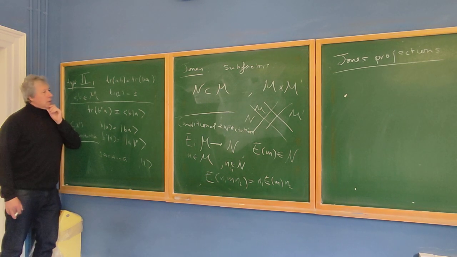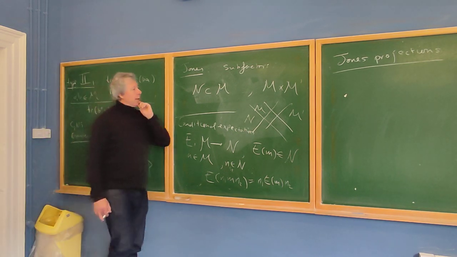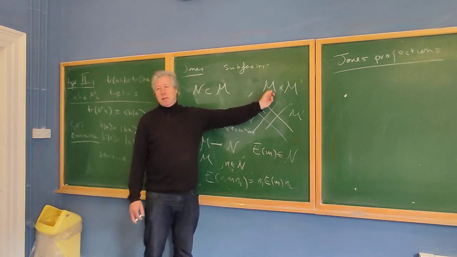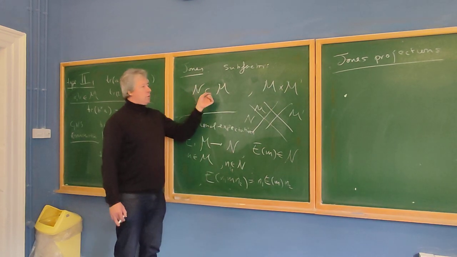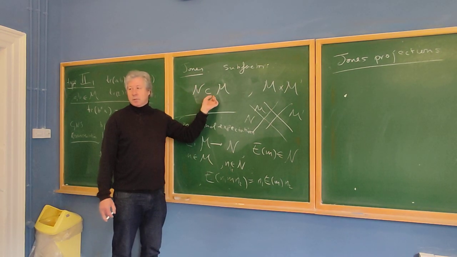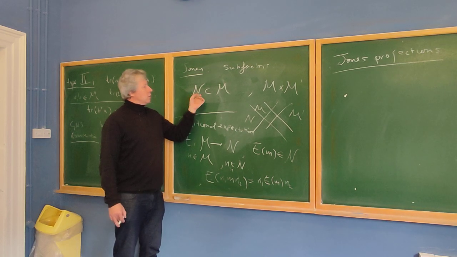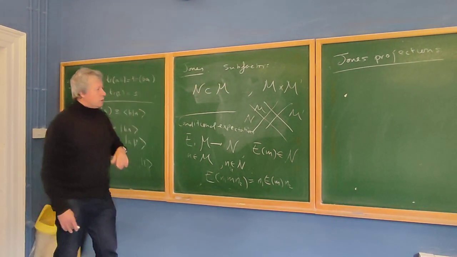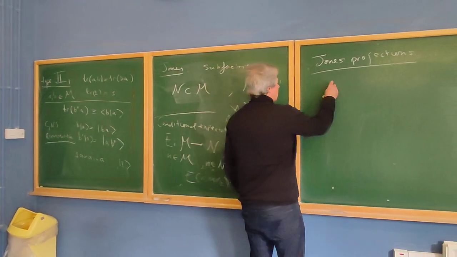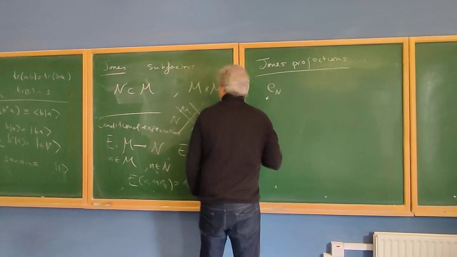Because what actually will turn out, I'm going to introduce one more element, which is not an element of M, not an element of M prime, but is associated to this inclusion. This is called an inclusion of a subvector, and it's going to be this Jones projection. The Jones projection is an operator that can act on a state.